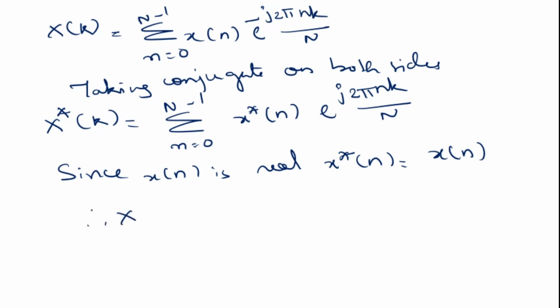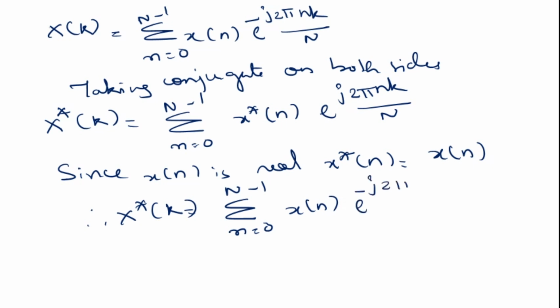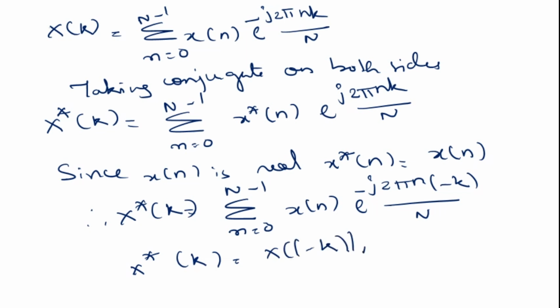Therefore, x star of k is equal to summation n is equal to 0 to n minus 1 x of n into e power minus j 2 pi n into (N minus k) by N, or x star of k is equal to x of N minus k.